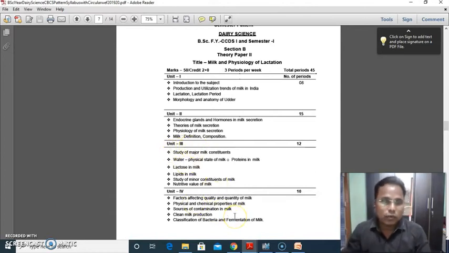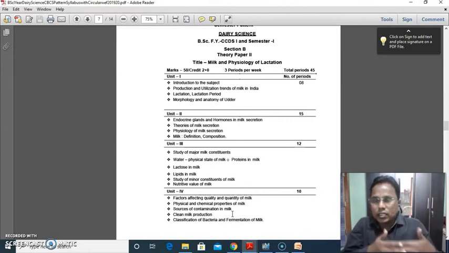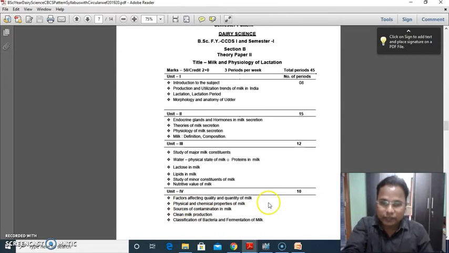Unit number 4 contains the various factors which affect the quality and quantity of milk. Then the physical and chemical properties of milk: why milk is whitish in color, why milk is yellowish in color. We will get the answer to this question after studying the physical and chemical properties of milk.